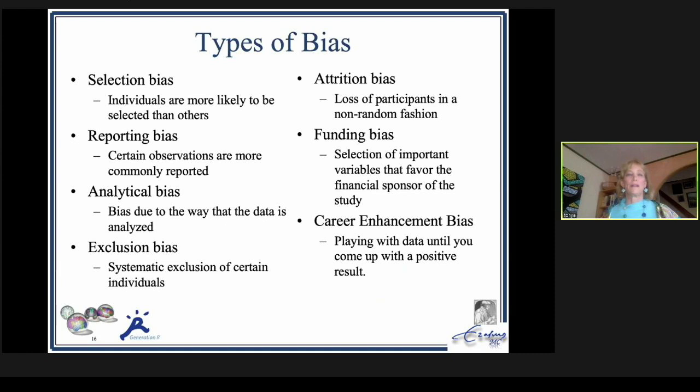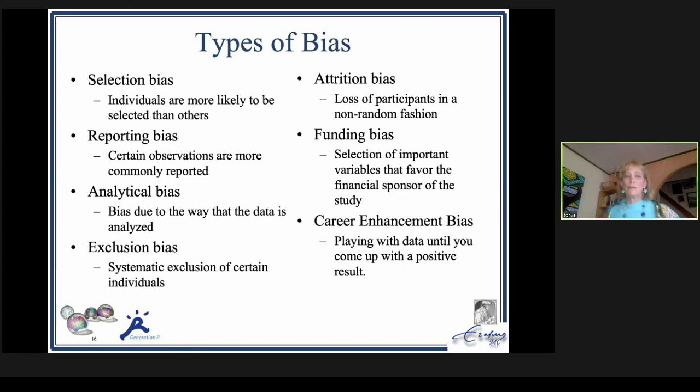For example, single mothers may be so busy that they're less likely to participate. Reporting bias is something that we're all familiar with. It's easier to publish positive findings than negative findings, which results in some level of reporting bias. Or some people may not want to talk about certain characteristics of themselves as opposed to others.